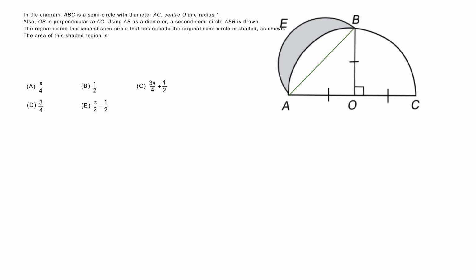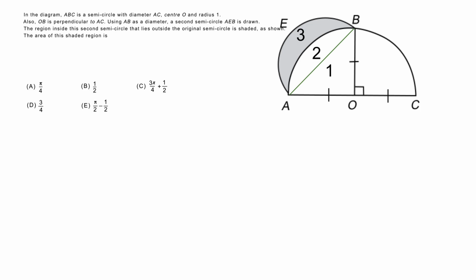And my 3 regions are going to be 1, 2, and 3. 1 represents that triangle ABO right here. 2 represents this segment right here that has the circle as the arc and AB as the base. And of course 3 is the shaded region. And I'm going to calculate each of these separately, and you will see it all fits together at the end to calculate the shaded region.